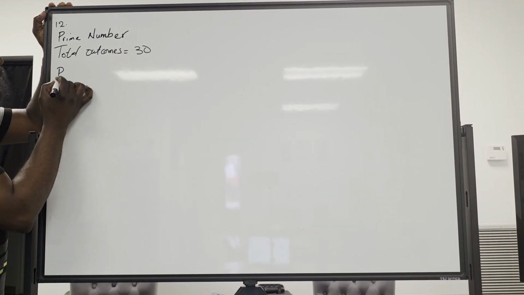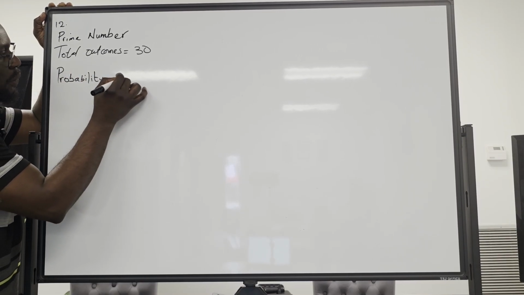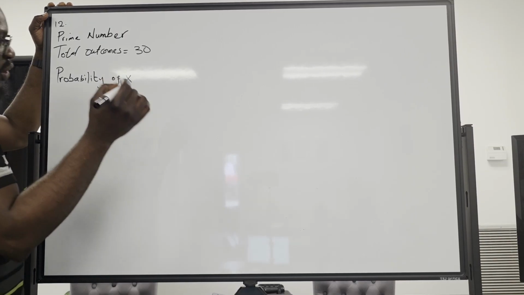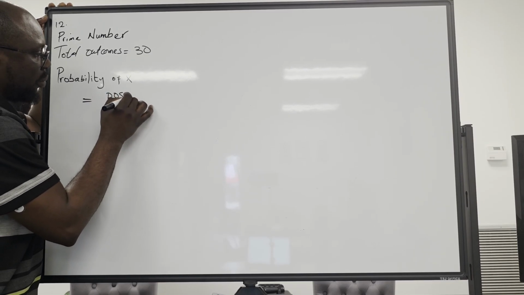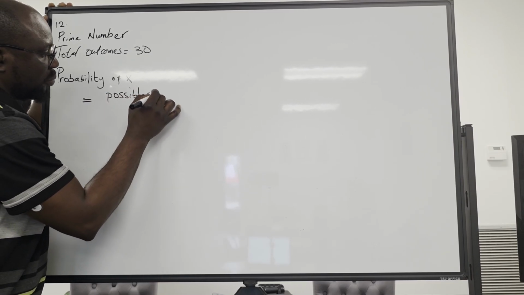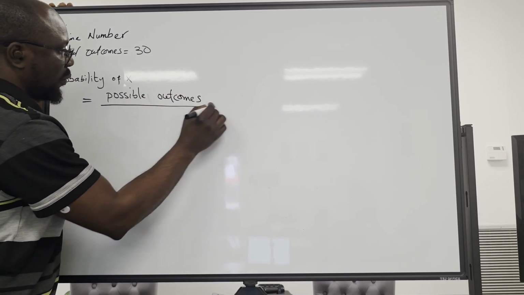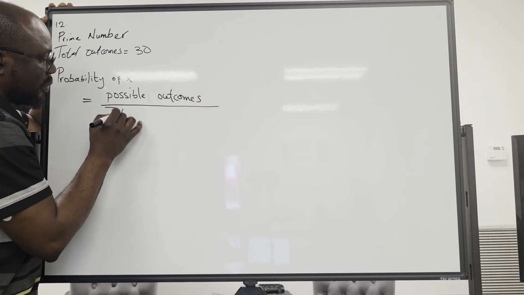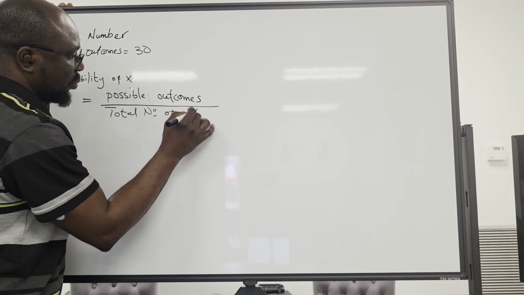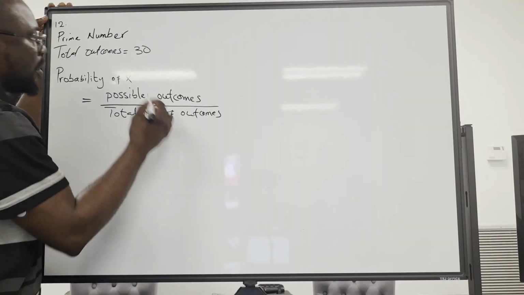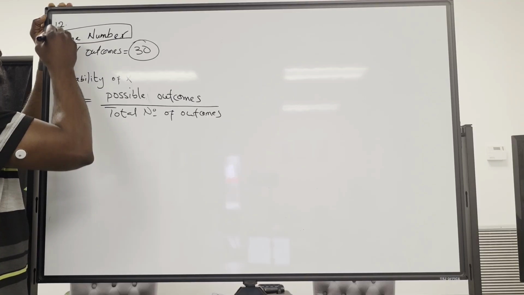The probability of x is typically given as possible outcomes divided by the total number of outcomes. So the total number of outcomes here is 30. The possible outcome is what we're looking for: prime numbers. We've got to figure out the number of prime numbers.